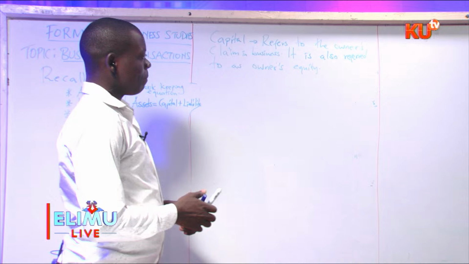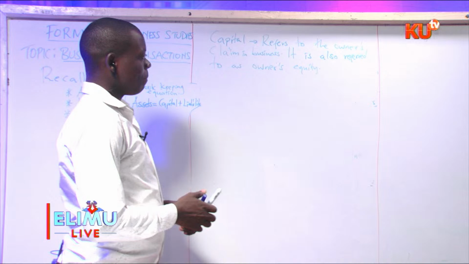As outlined, the balance for capital is 600,000. Then the business had a balance of creditors worth 180,000.